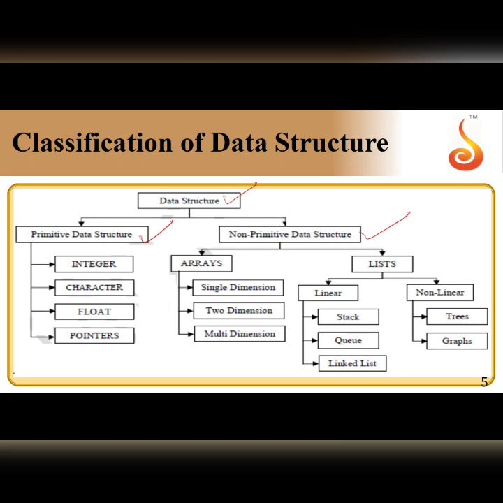Then you have non-primitive data structures. In non-primitive, you have arrays and lists, or I can say again linear and non-linear, because in some textbooks they have given linear, non-linear. In linear only arrays, stacks, queues and linked list are put.